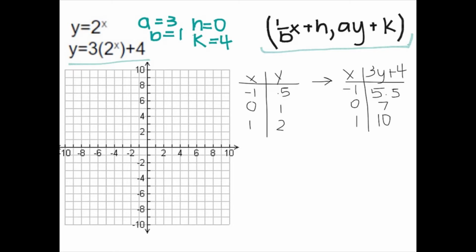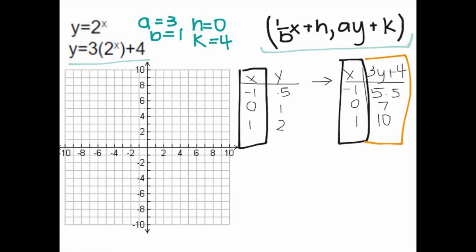We know that b is 1, and 1 over 1 is 1, and we have no h, so it's 0. So our x values for both are going to stay the same. And for our y values, we are multiplying the y by 3 and adding 4, because we're adding k. And so these are our new y values.